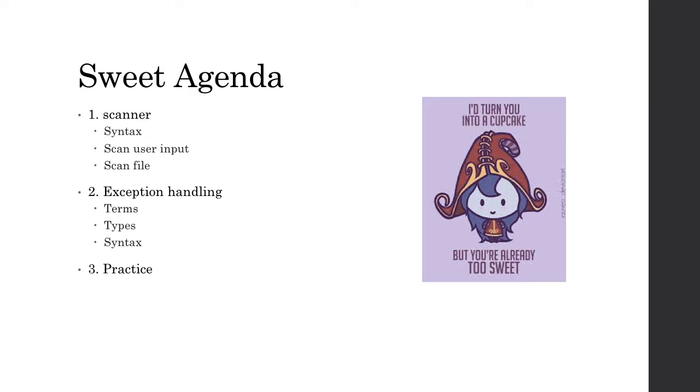So one, we're gonna go over scanners, syntax, scan user input, and scan a file. Those are gonna be useful for your homeworks. Then we're gonna talk about exception handling, the terms, types, and syntax, how to do them. Those are basic stuff.